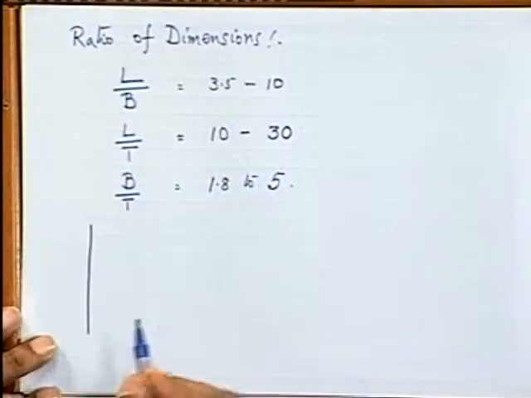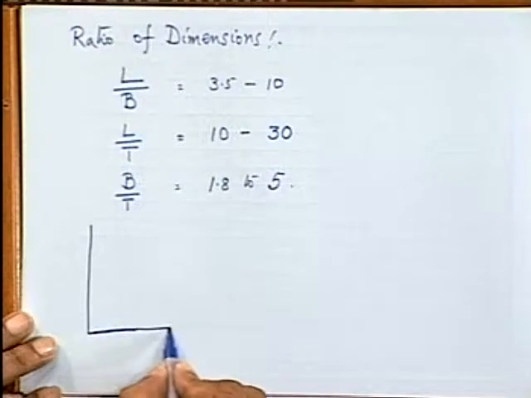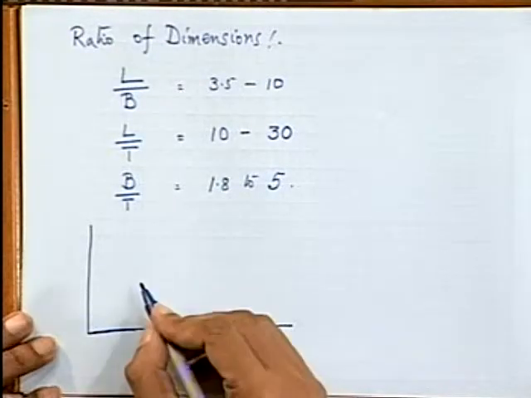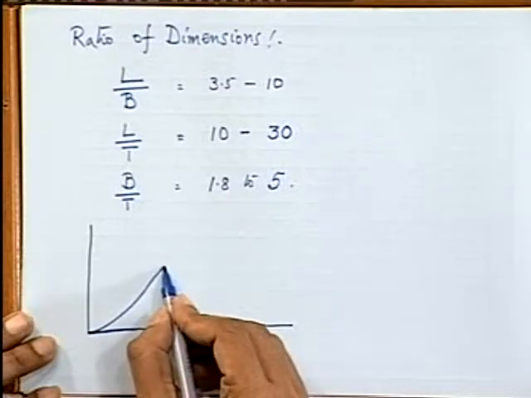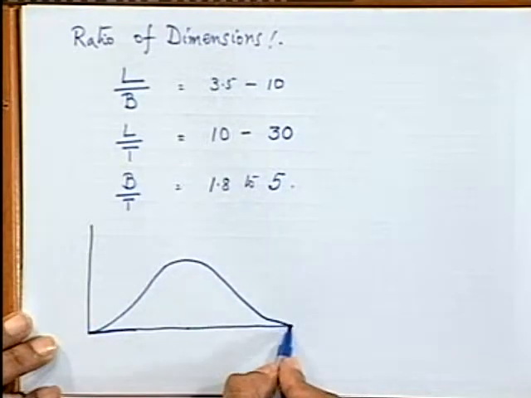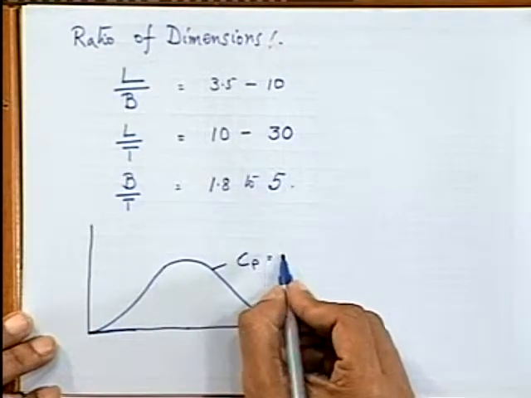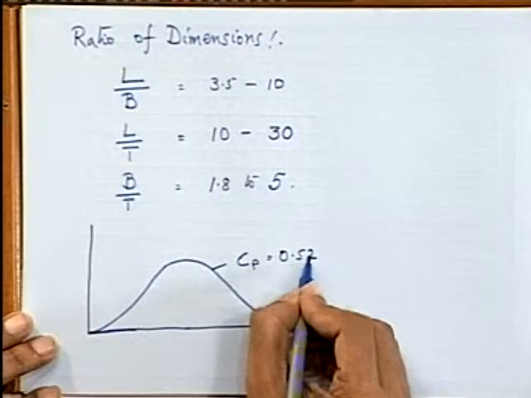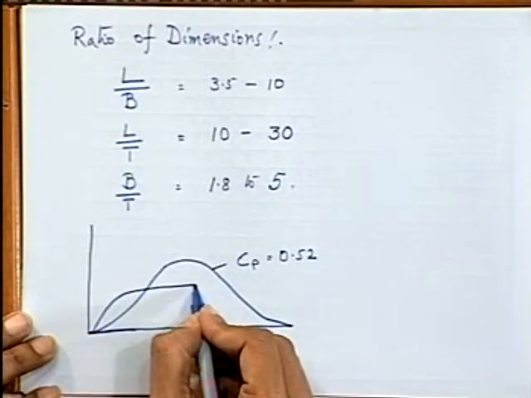So by looking at the sectional area curve, one can make out whether it is a tanker or a high-speed ship. Normally you'll find the sectional area curve will look like this. This is for Cp equal to 0.52, and for tankers you will have a flatter region.